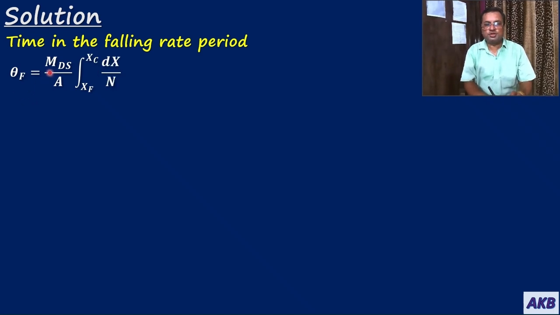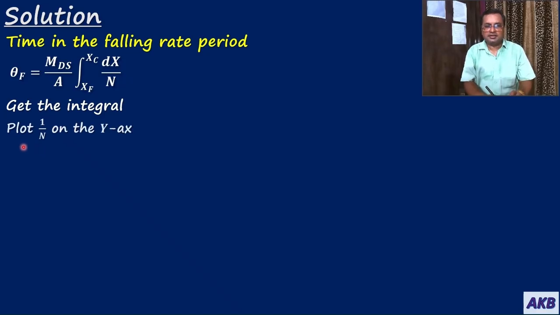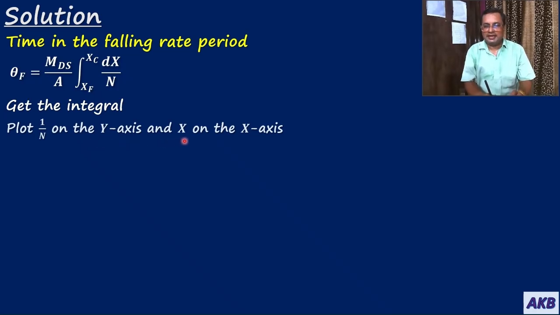Theta f is equal to m ds upon a into integration from xf to xc dx by n. Now, in this case, the important task is to find out this integral. And for that, we will be using the experimental data that is given to us. So, to get the integral, we will plot 1 upon n on the y-axis and capital X on the x-axis.